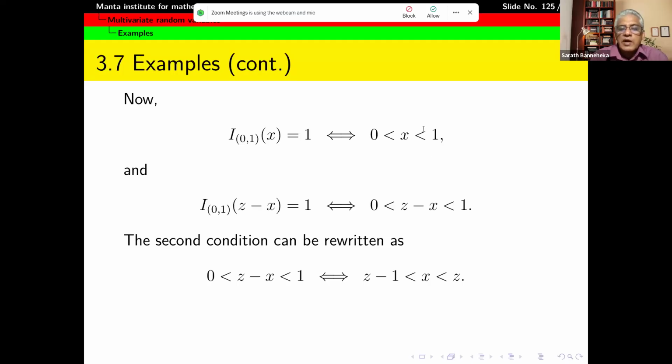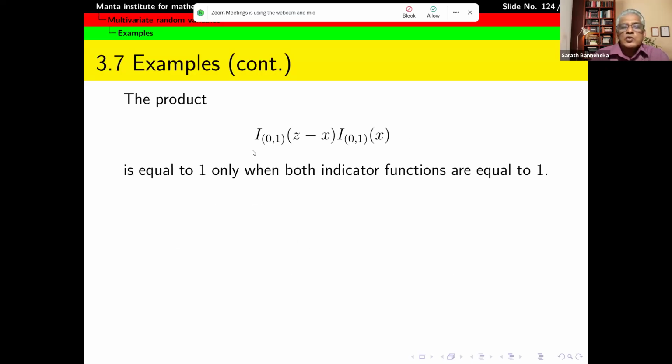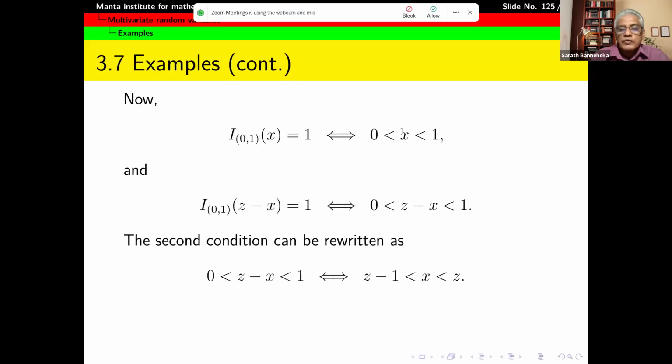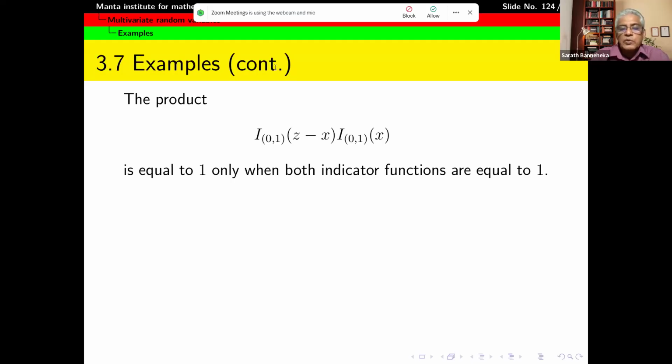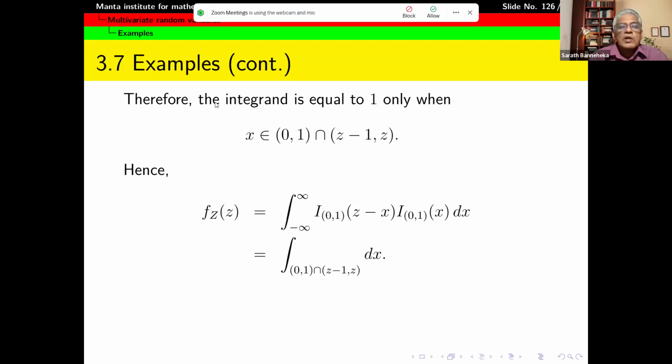So I want both of these to happen, because the product will be equal to 1 if both of these conditions, the first one here and the last one here, are satisfied. That means the integrand is equal to 1. The integrand is this function here, and it will be equal to 1 only if x is in this interval intersection this interval.